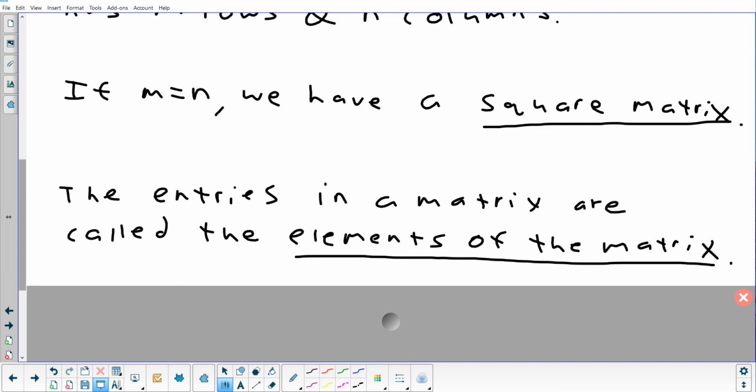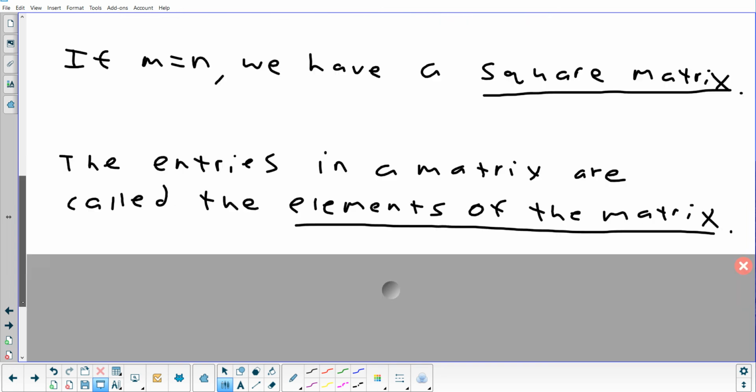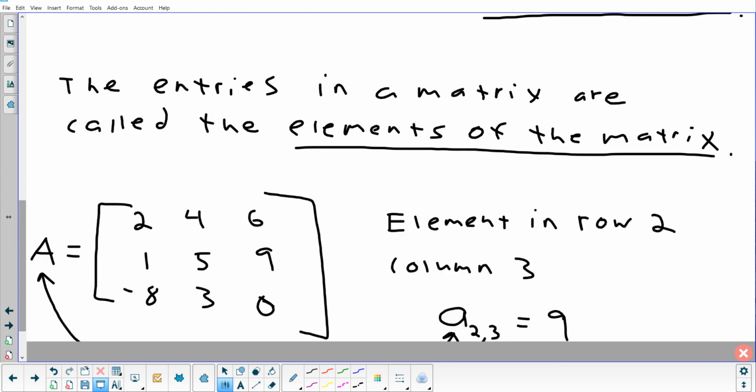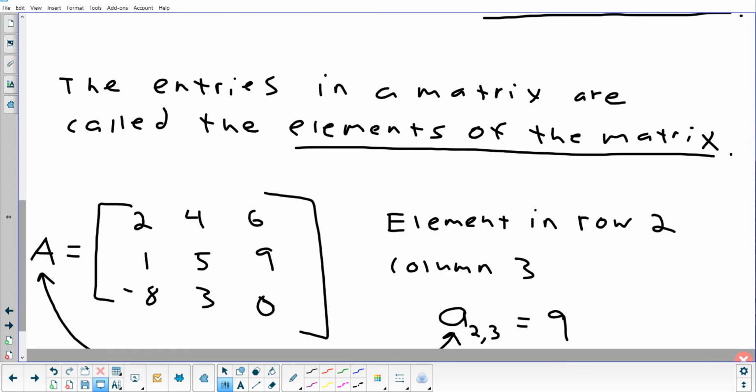So you can think of a matrix as just like a storage place for numbers. Right? Each position in the matrix is going to store a number, in our case. So this is a square matrix, 3 by 3.